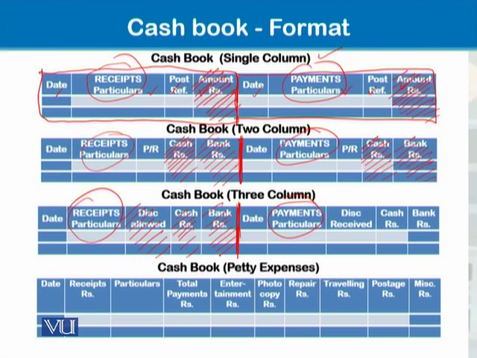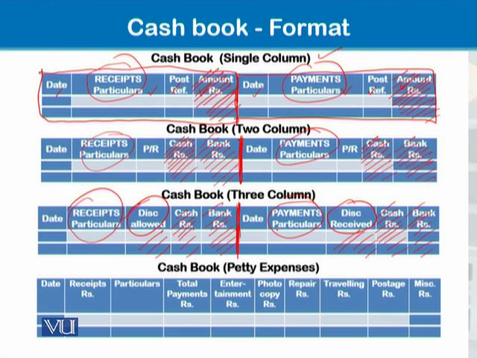In the same way, the payment side has a discount column, cash column, and bank column. Remember one very important thing, that it is the discount allowed column and it is the discount received column.